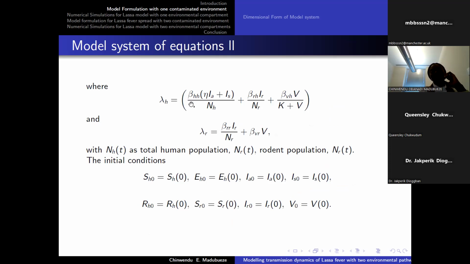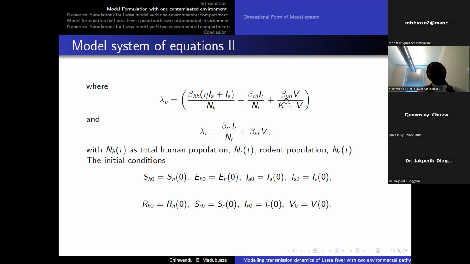Then, although it is a very rare case, it can also happen through the environment. We also have the human to rat to human transmission rates, because in some places in Africa there is bushmeat, so someone can come in contact with it in the process of catching the bushmeat, and so someone can get infected.